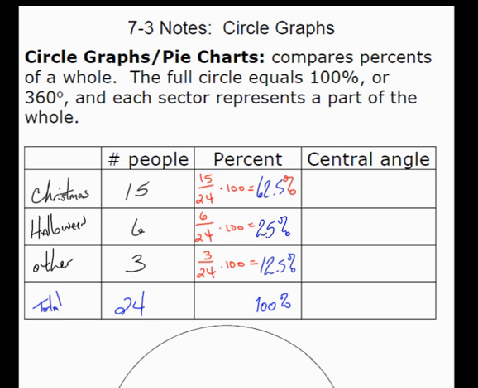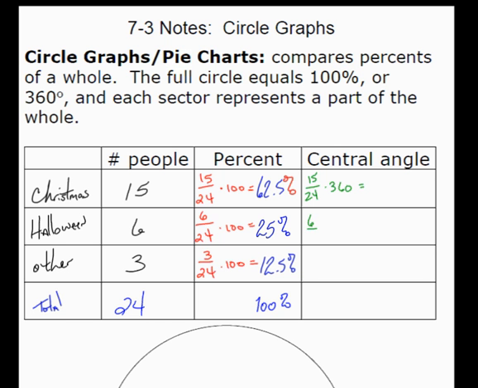Now, in order to create our circle graph accurately, we need to know some measurements for our angles. Our central angle is the angle from the center of the circle, with the rays going to the circle from that. So for this one, I'm going to do 15 over 24, and I'm going to multiply by 360 this time. Multiplying by 360 tells me what portion of my 360 degrees of my circle is equal to my percentage.